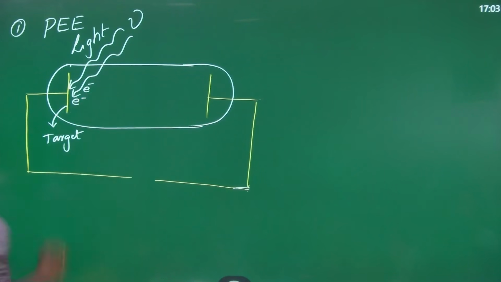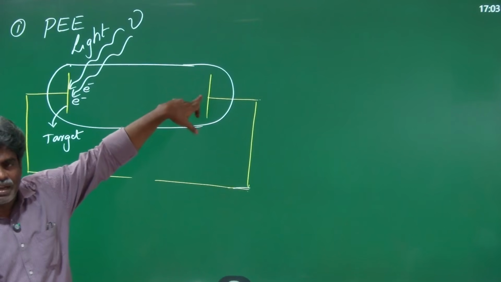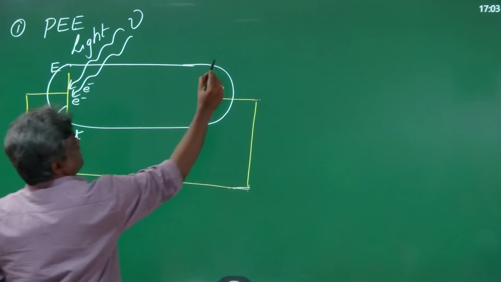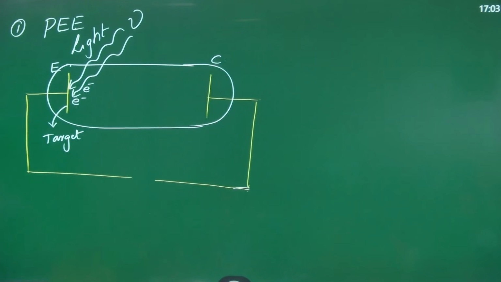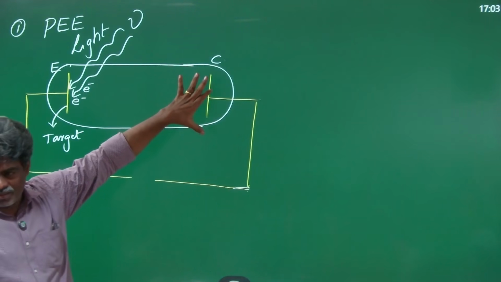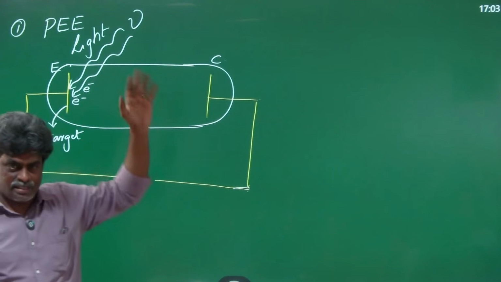Say yes or no? Yes, sir. These electrons will be collected by the collector; this is an emitter and this is a collector. So these electrons are collected and we get the current. This is the photoelectric effect. Solar panels and all these things work this way.